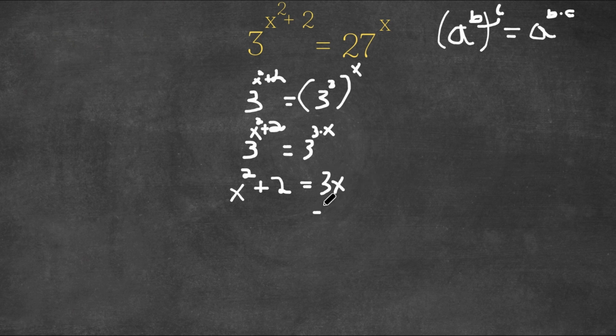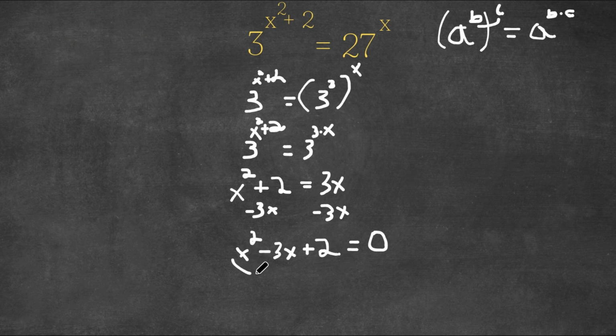Now I'm going to subtract 3x on both sides. So now we have x squared minus 3x plus 2 equals 0. Now we're going to factor this equation.